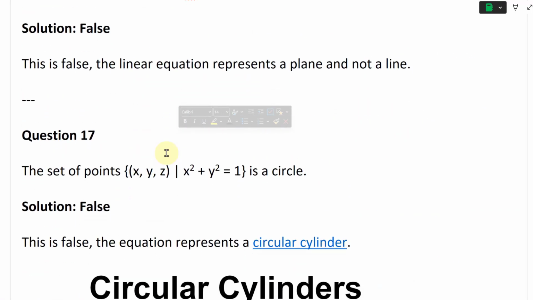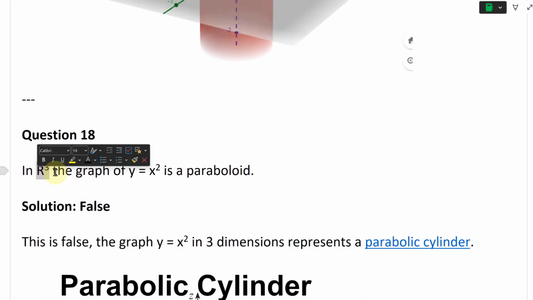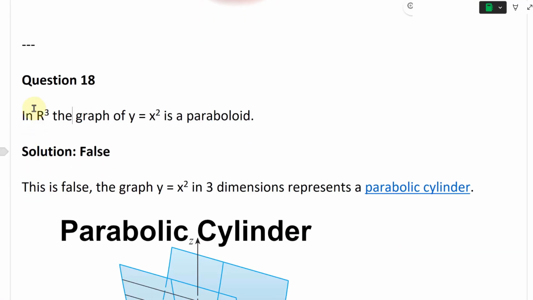But R3 is the set of all points with real number coordinates, in 3D geometry. The specific definitions are for another video in the future. But basically we're doing 3 dimensions, real numbers. That's all I'll get into.